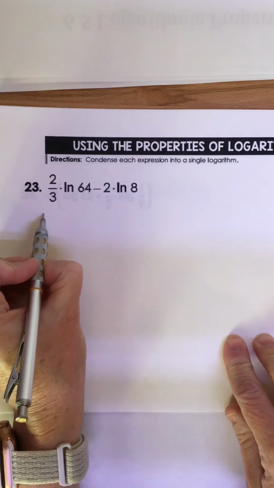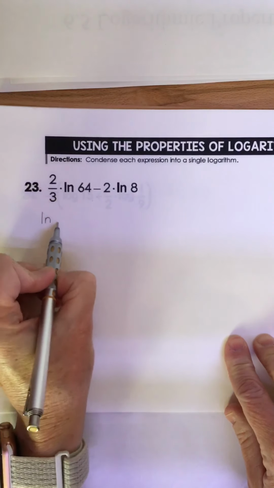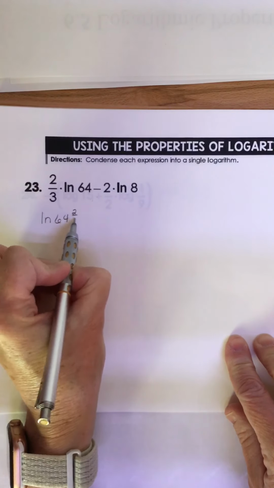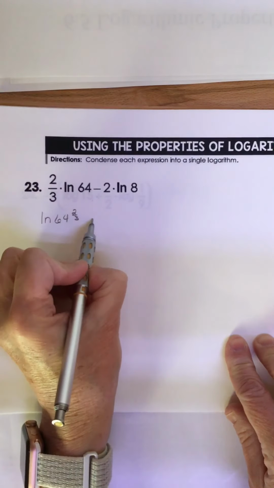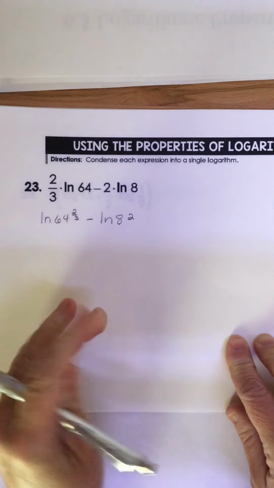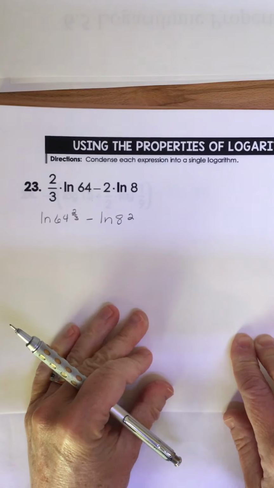So we have natural log 64 to the 2/3 power minus natural log 8 squared. Okay.